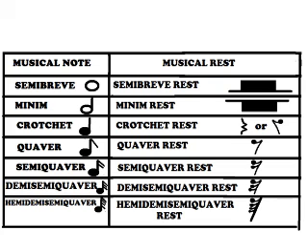So we have semibreve note, semibreve rest, minim note, minim rest, crotchet note, crotchet rest. The important thing to note is that this rest has the same duration as the equivalent musical note. So if I have a crotchet rest, it should give me the same period of silence as a crotchet note would sound.